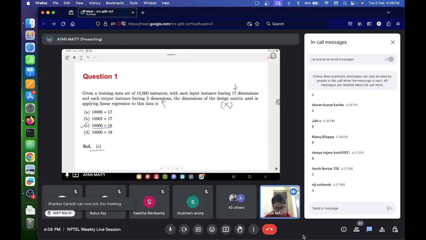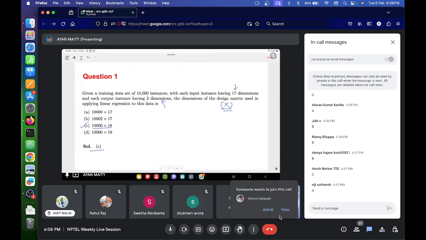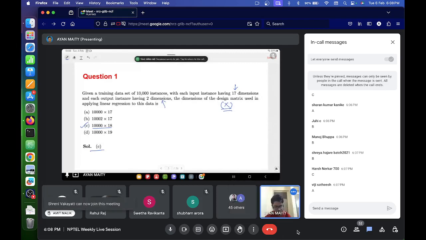But X consists of just the input. And Y is output, capital Y, but we are not bothered about Y. So whether each instance has 2 dimensions or 1 dimension, we don't really care about that. What we care about is each input instance having 17 dimensions.